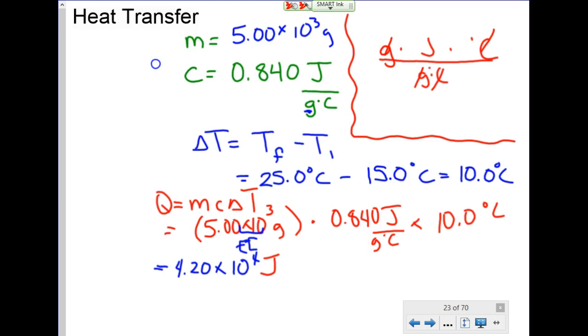When you do your sig figs, look at your measurement rather than your conversion factor for this. 4.20 times 10 exponent 4 times 1 divided by 1,000. 4.20 times 10. Exponent, yeah, we can do times 10 or 10 exponent 1.